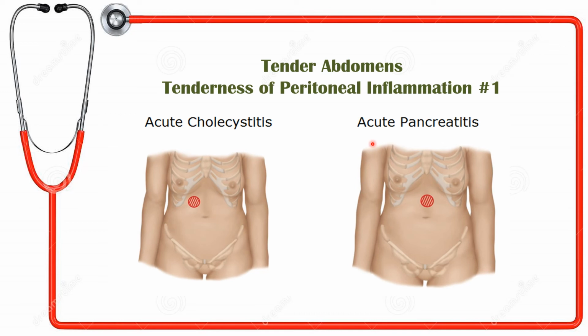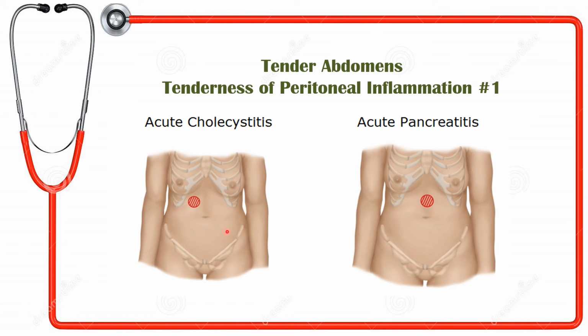During pelvic examination, motion of the pelvis and uterus usually also causes this pain. Okay, so moving on to tenderness of peritoneal inflammation. If there is tenderness associated with peritoneal inflammation, this is usually more severe than visceral tenderness. There is muscular rigidity and rebound tenderness that are frequently but not necessarily present.